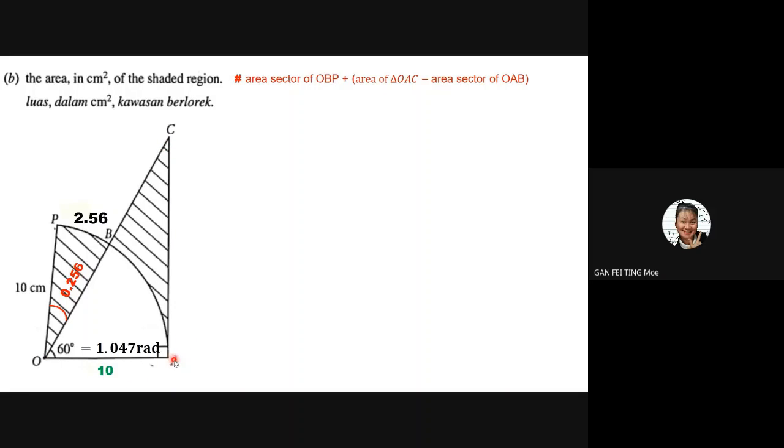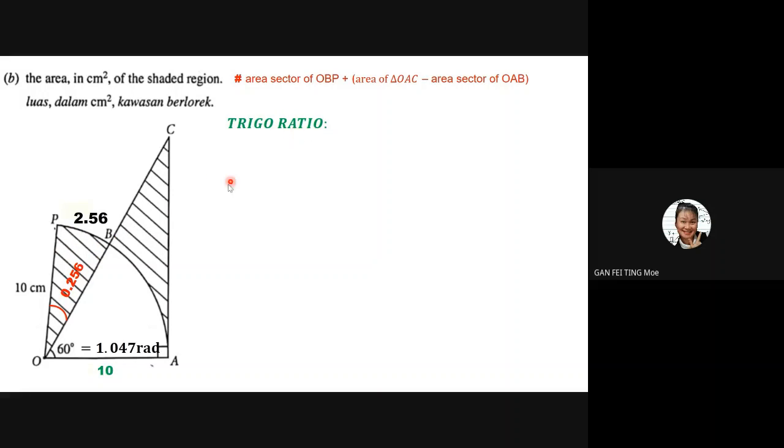Area of AOC, the triangle, then it takes this away. Okay, the sector of AOB to look for this. Syarul yang bagi tahu adalah yang bahagian ini. Okay, good. Before OBP, I want to go for OBP, trigo ratio.